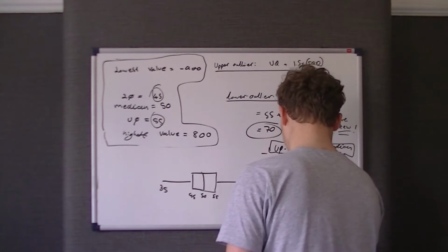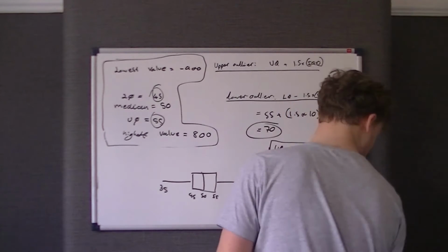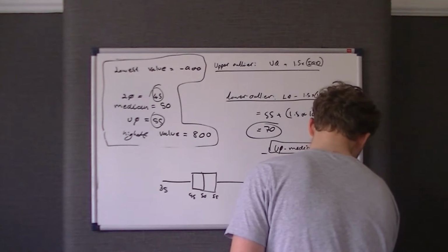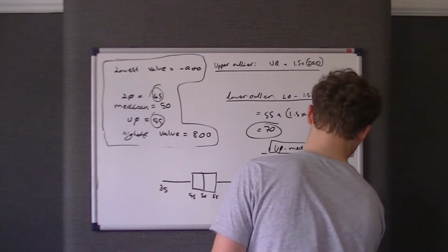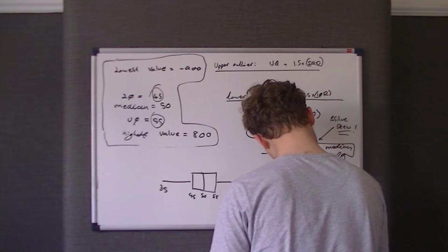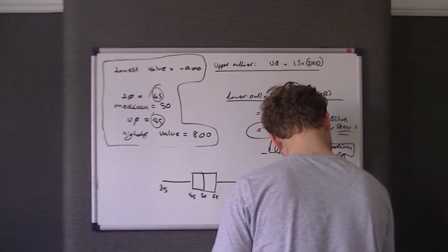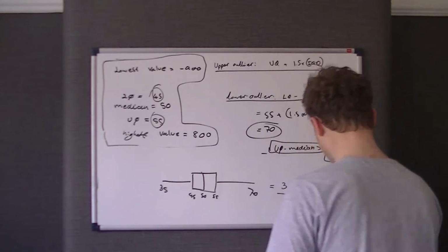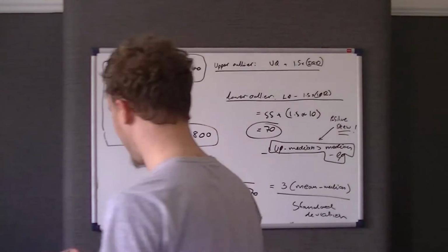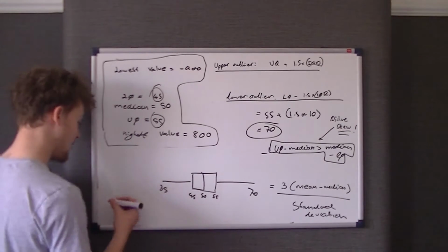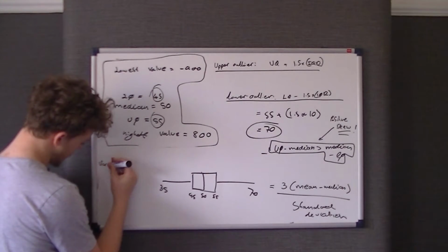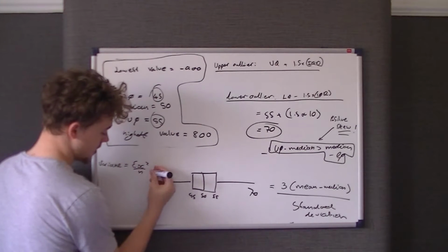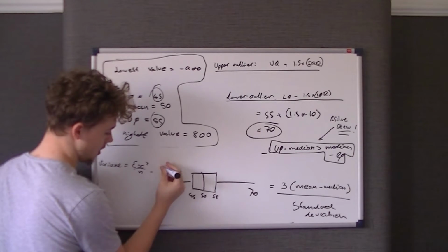It's 3 times the mean take the median, over the standard deviation. Just to recap what the standard deviation was, it's the square root of the variance, and we said the variance was the sum of x squared over n, take x bar all squared.